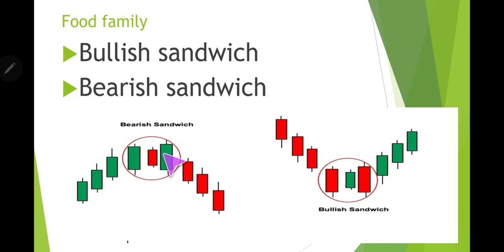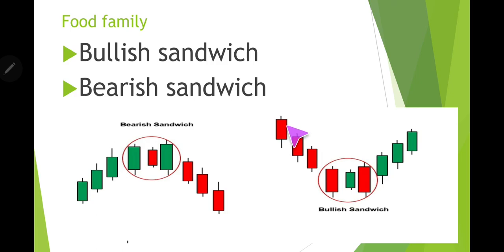And immediately after that harami candle, you find that there's a candle that engulfs the other candle. But even if that candle engulfs that one, we can't say this is a bullish reversal signal, because it's on an uptrend. We say that this candle and that candle have sandwiched that other one. So this is a bearish sandwich, meaning that the trend might be ready to reverse to the downside.